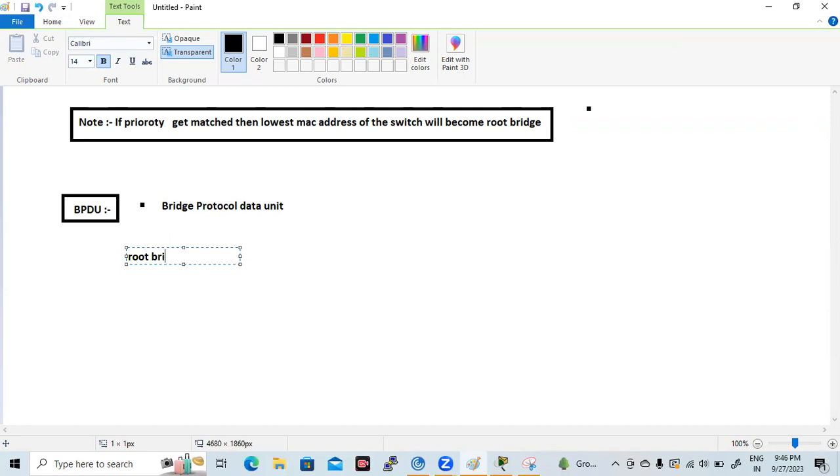The root bridge always generates the hello BPDU every 2 seconds. Every 2 seconds, it is going to generate the hello BPDU packet.